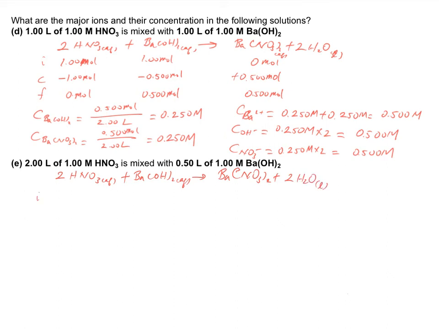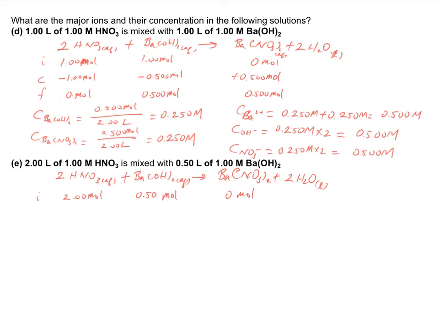Initially, we have 2.00 mole of nitric acid, 0.500 mole of barium hydroxide, and 0 mole of barium nitrate. In this case, the barium hydroxide is the limiting reagent.